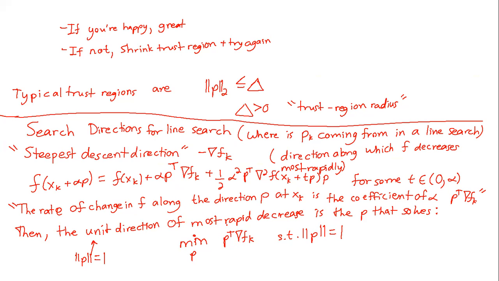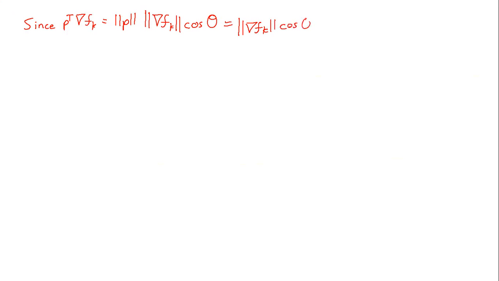So then that says that since p transpose del fk is equal to the norm of p, the norm of del fk, cos theta, that's just using properties of the dot product, because p transpose del fk is the dot product, is equal to the norm of del fk cos theta, because the norm of p is 1, it's a unit direction.